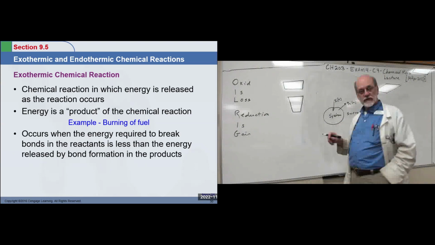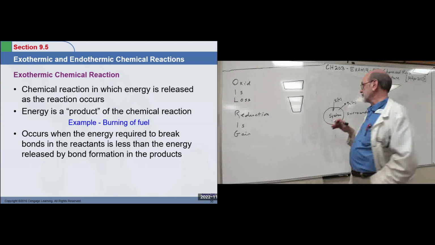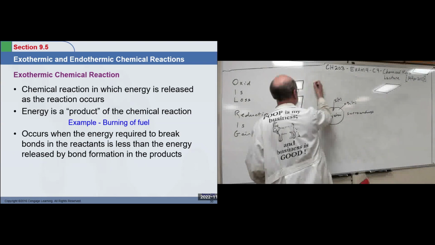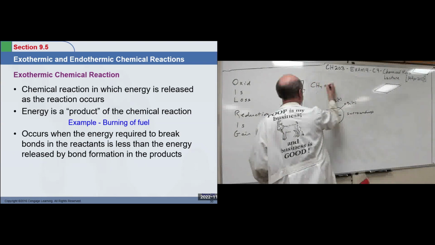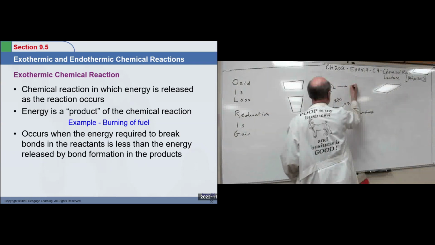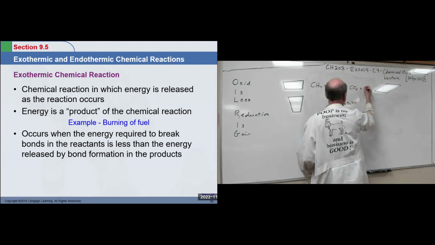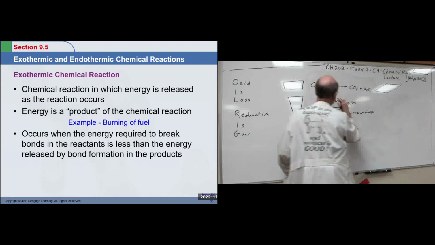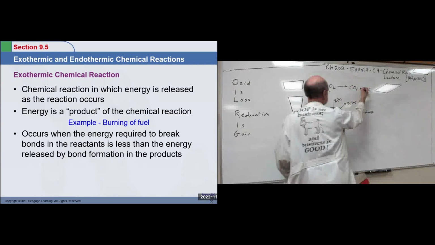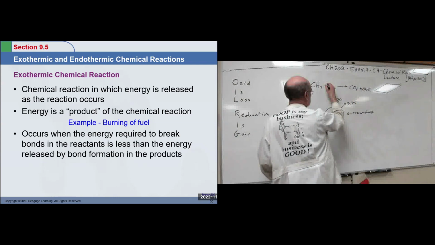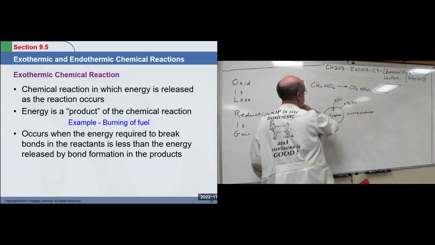Now, if we do that in terms of, let's go back to our methane again, producing carbon dioxide and water. Let's see, we need 2 here and 2 there.